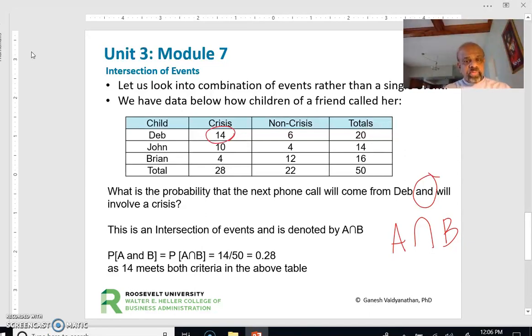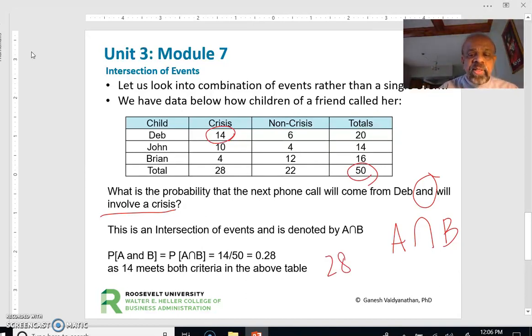That is the intersection. It's the intersection that Deb is going to call and it is going to be a crisis call. So we're not going to include the non-crisis here. We're going to include only the crisis because it says and a crisis, a Deb and a crisis. So the probability of A and B occurring is going to be equal to 14 over 50, which is the sample space, which is 0.28 or 28%.